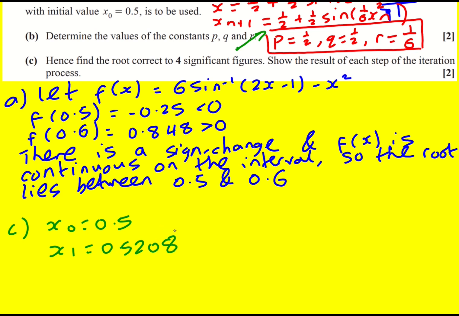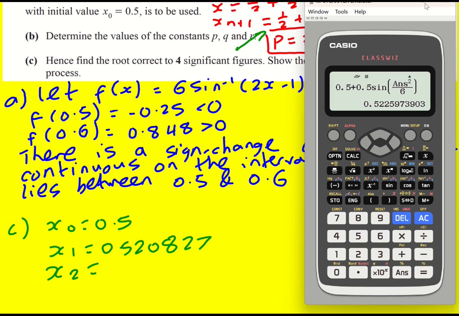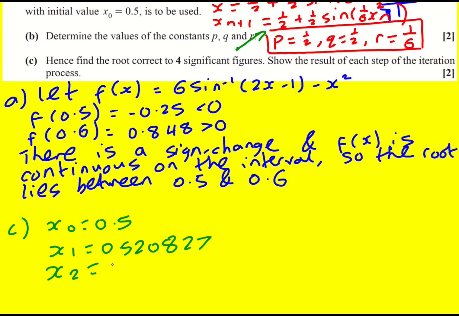Okay, I'm asked to write it to 4 significant figures ultimately, so let me write another one too. Actually, let me write a few more. X2, I could just press equals, get the next one. 0.52259 7.